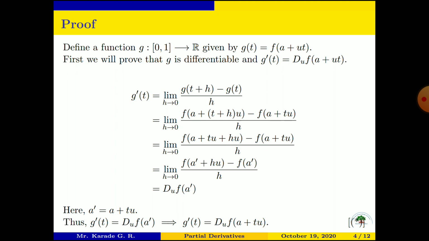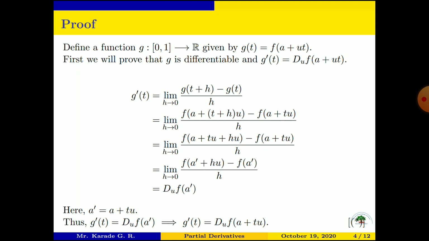So let us take the derivative of g of t. It is an ordinary derivative. It is equal to limit h tends to 0 of g of t plus h minus g of t divided by h. But the function g of t is defined above as g of t is equal to f of a plus ut.